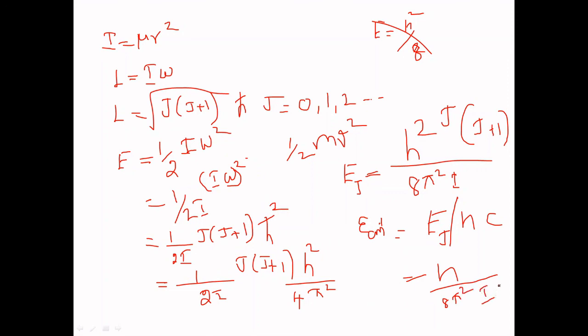Replacing this constant term with another constant, called the rotational constant, denoted by the symbol B, the energy in inverse centimeter becomes B j into j plus 1, where B is h by 8 pi squared I c.